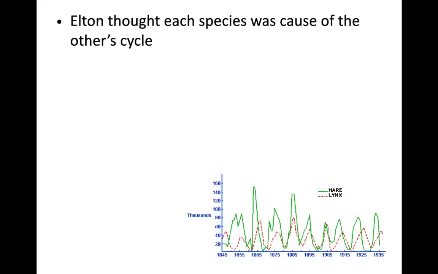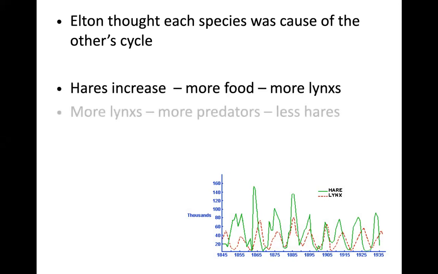So Elton hypothesized that each species was the cause of the other's cycle. You can think about the fact, if there's more hares, there's more food for the lynx. But when the population of hares declines, there's less food, which means the lynx are going to also decline after that. And it makes sense, because if the hares increase, there's more food, there's more lynxes.